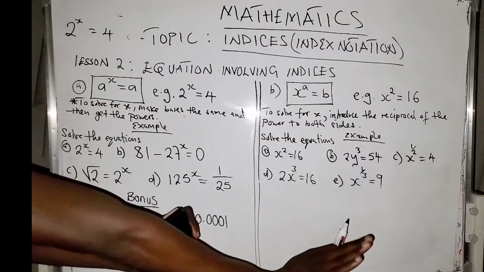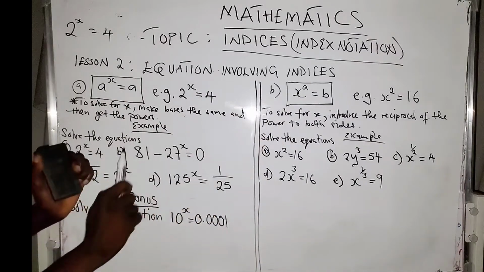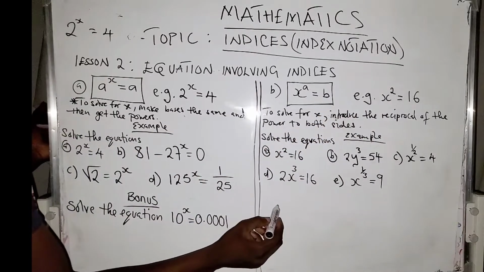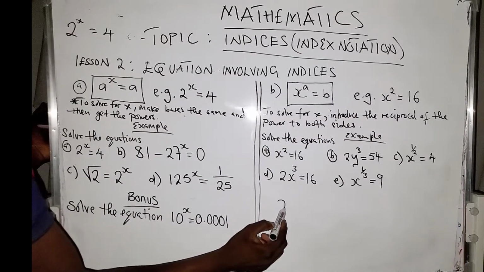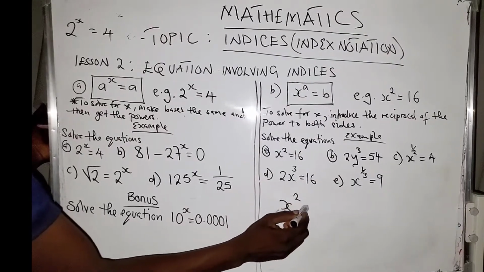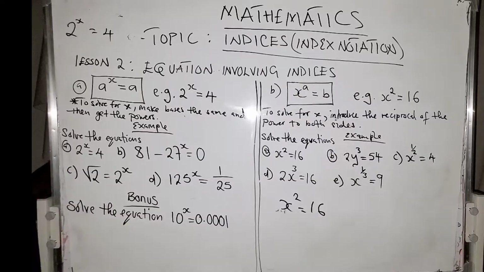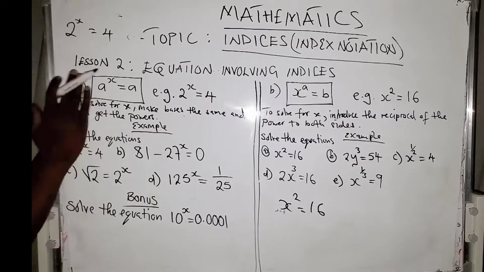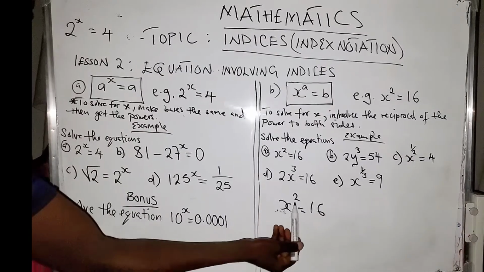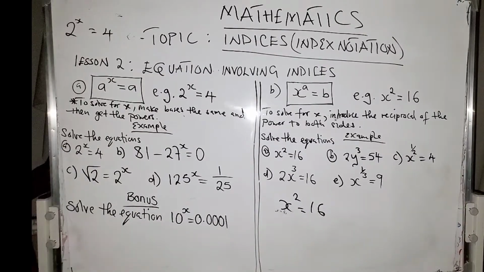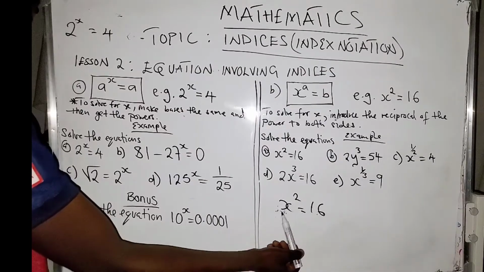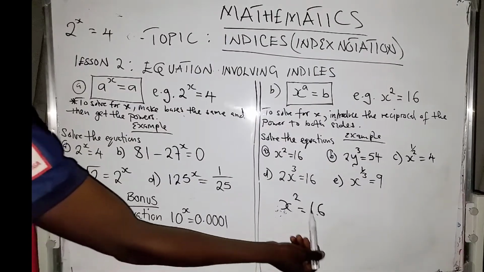Now the other side is different. You're given x, what number raised to the power 2 is giving us 16? It's different from this, but this is also simple. 2 to the power 2 is not 16. 3 to the power 2 is not 16. 4 to the power 2 is what? 16.